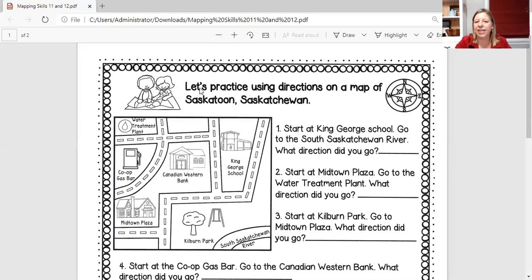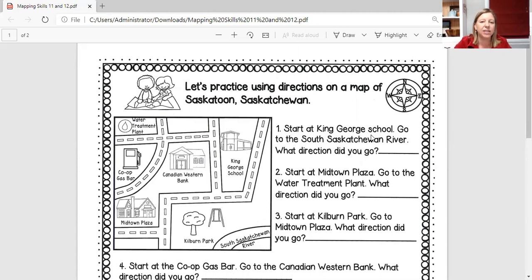All right, it says, let's practice using directions on a map of Saskatoon, Saskatchewan. What you need to do is look at this mini map of Saskatoon and answer the questions that are there. Number 1, start at King George School.